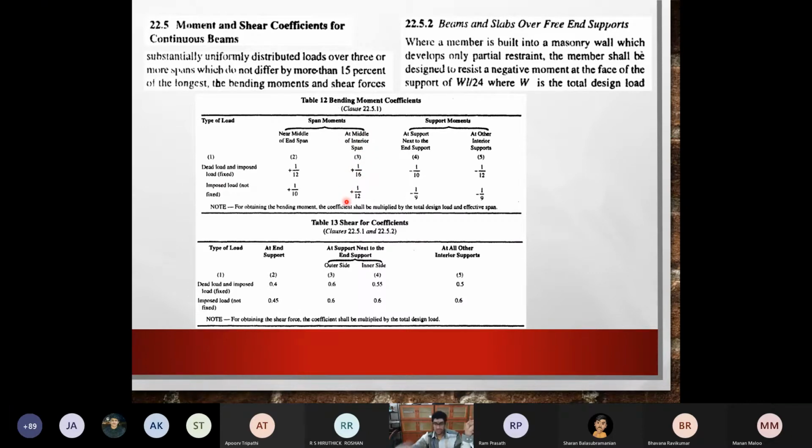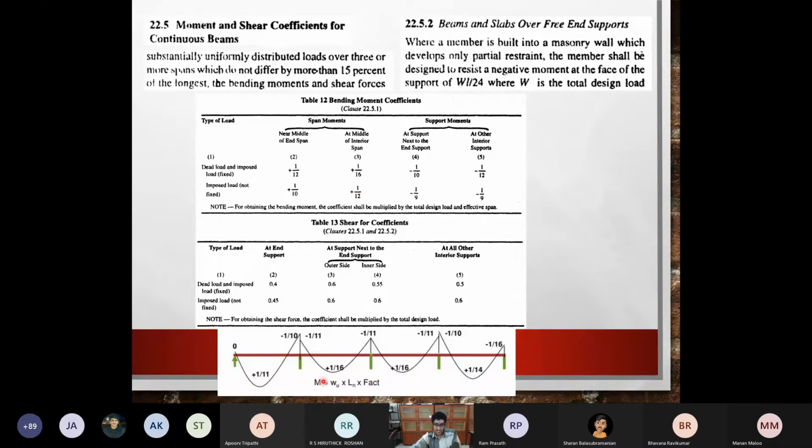So it's basically that coefficient into WL square. Either you take the total load into L or WL square, whatever it is. Factor obviously, if it's dead load 1.5, live load 1.5. If it's in combination with wind load, you'll use 1.2 and all these things.